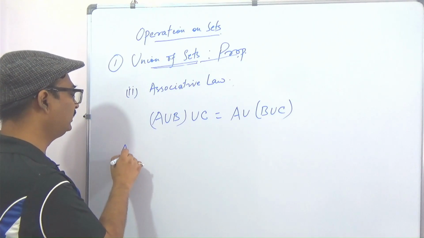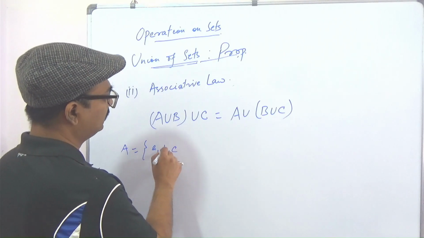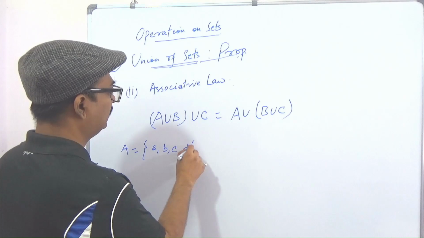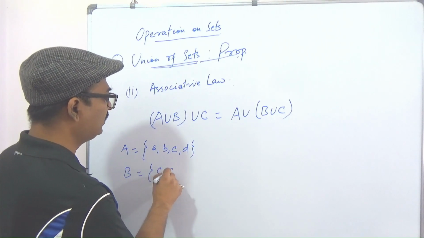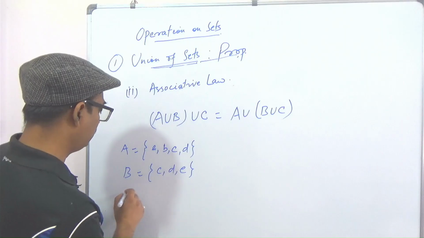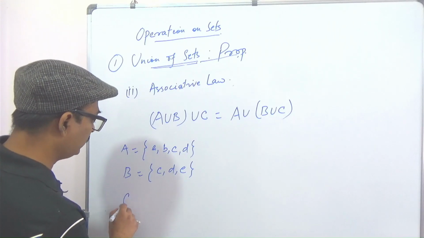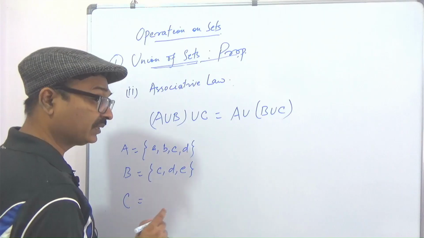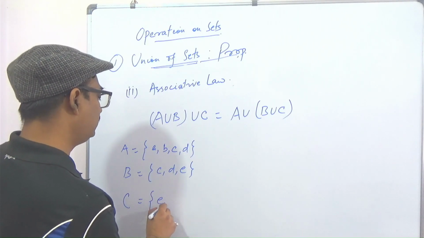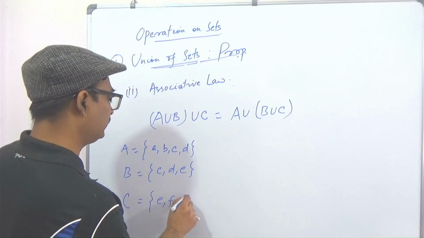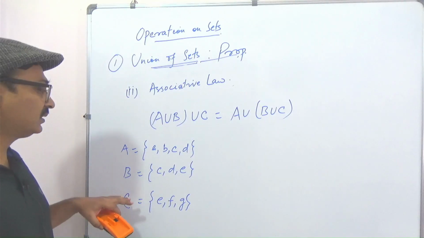Let A be our familiar {A, B, C, D}. B is {C, D, E}, and set C, we usually write sets in capital letters. So let C be {E, F, G}. Okay, this is our A, B, C.